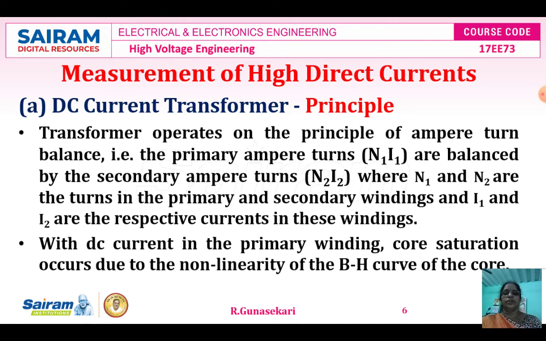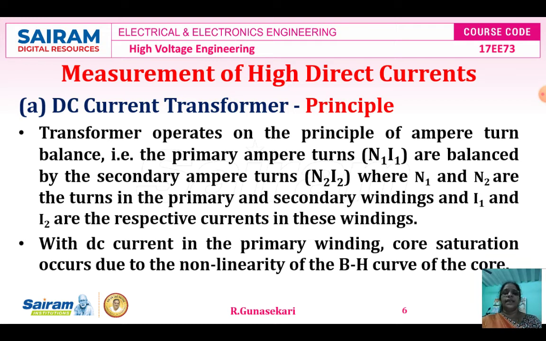Ampere turn is nothing but mmf, that means the product of number of turns and current. The primary ampere turns N1 I1 are balanced by the secondary ampere turns N2 I2, where N1 and N2 are the number of turns of primary and secondary windings of the transformer, and I1, I2 are the primary and secondary currents of the transformer.